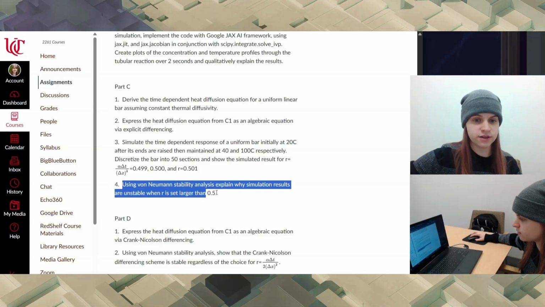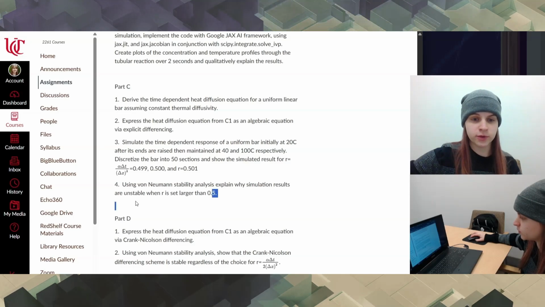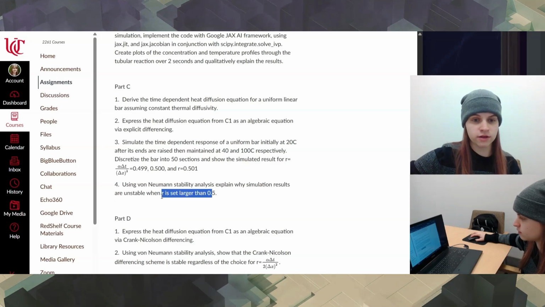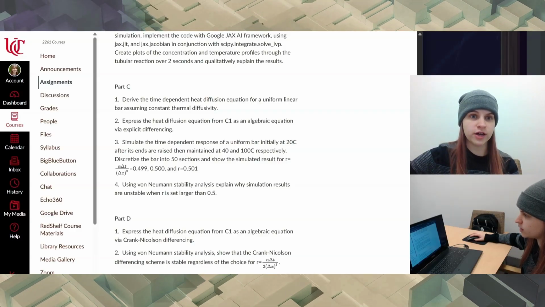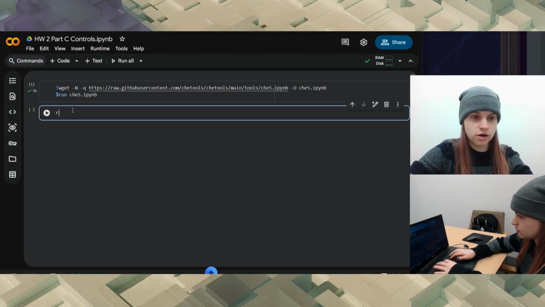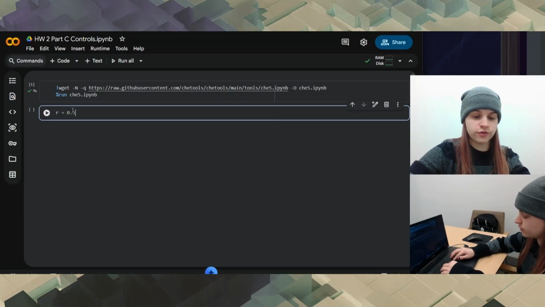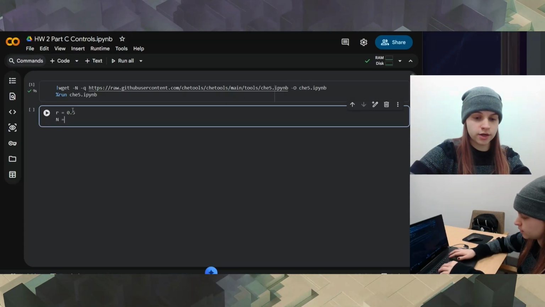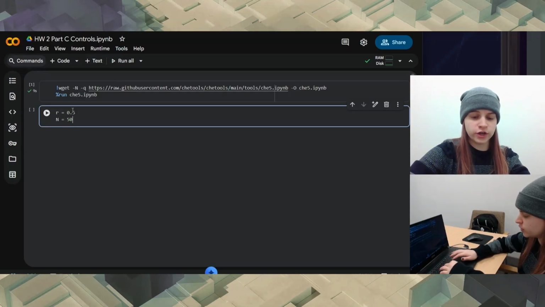And we already did this part, so I'm going to touch on once more why it's unstable when R is greater than 0.5. Let's set our R value equal to 0.5 just for now. And our N is the spatial nodes that we have across our bar.